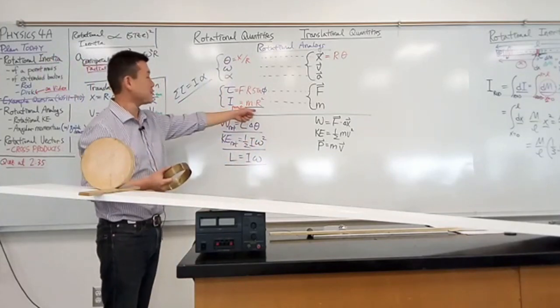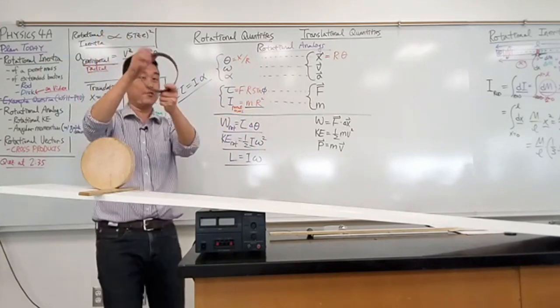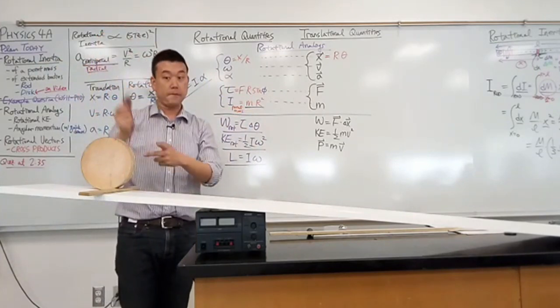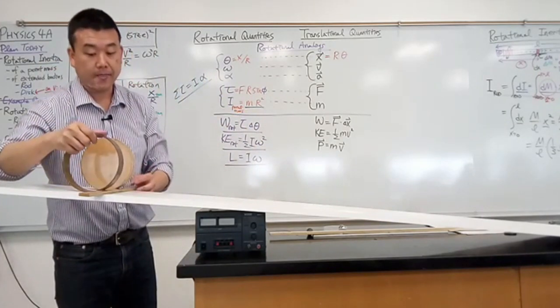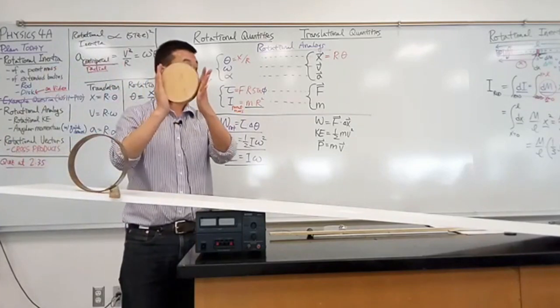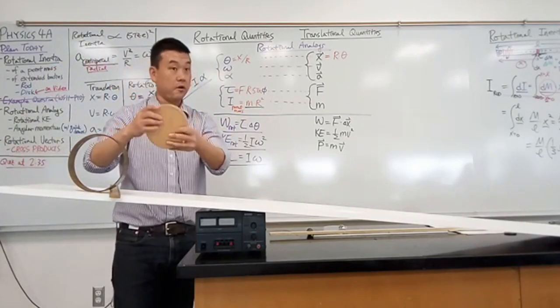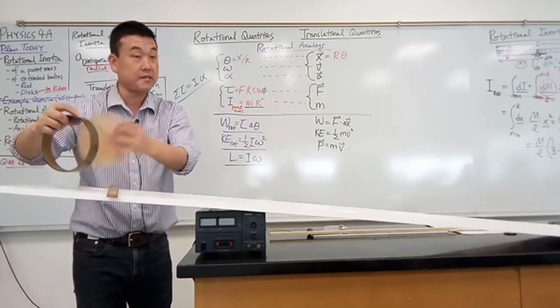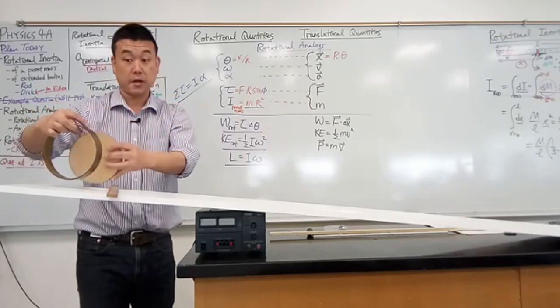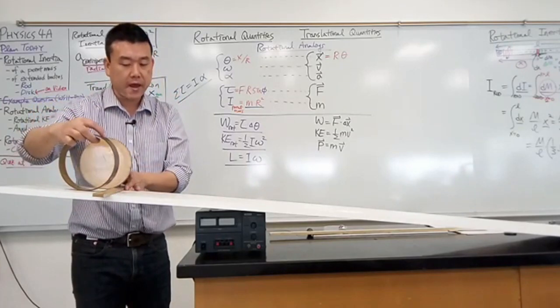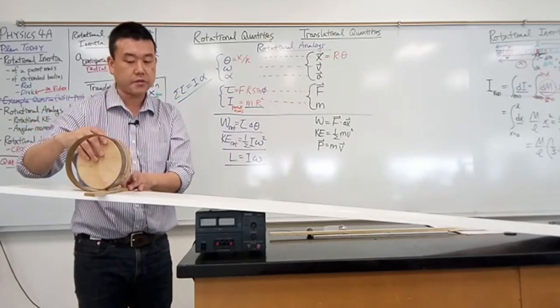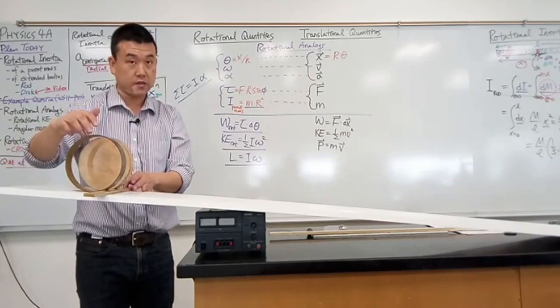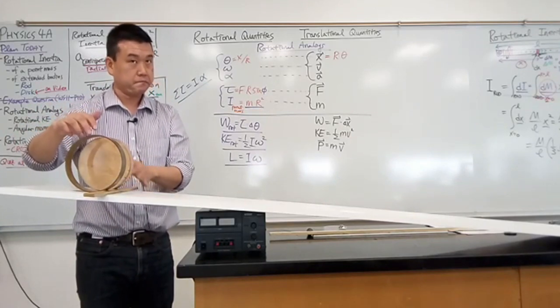It turns out this works for a ring as well, as long as you're doing it about its center. So this is mr squared, and the rotational inertia of a disk is actually half mr squared. But you already have an intuition that the disk has a smaller rotational inertia. Starting from that, this is what I want you to reason through first. Okay, so the ring has larger rotational inertia.